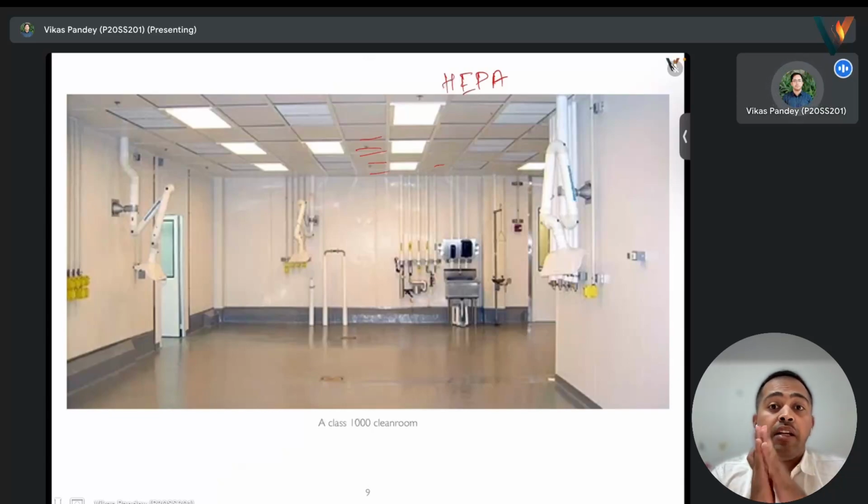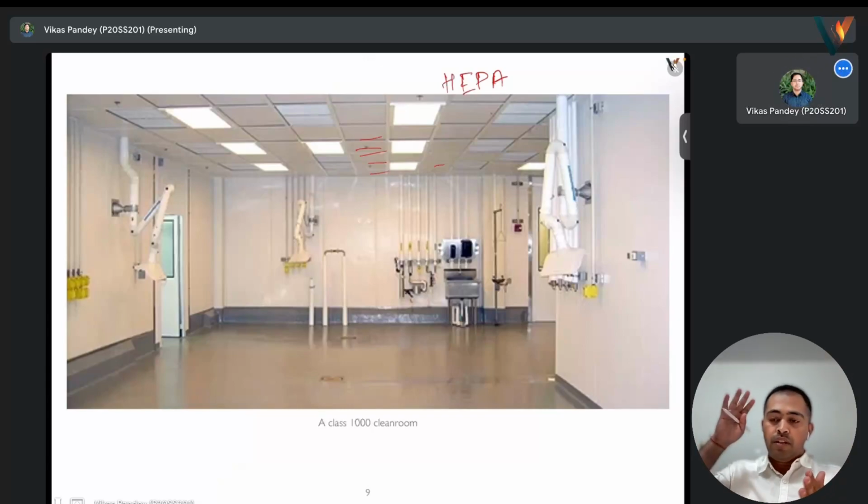It is always maintained at a positive pressure. That means the pressure inside this clean room will always be higher than outside, so that nothing will try to enter. Even if the door is open, the pressure will push something out. It will not take something in.